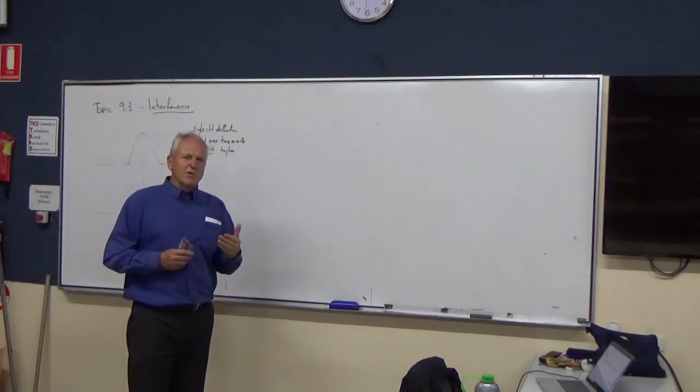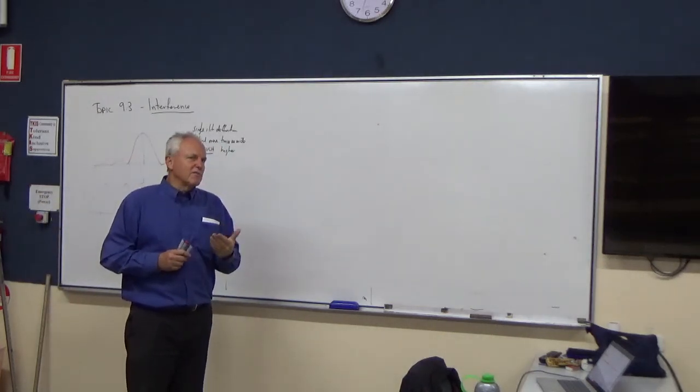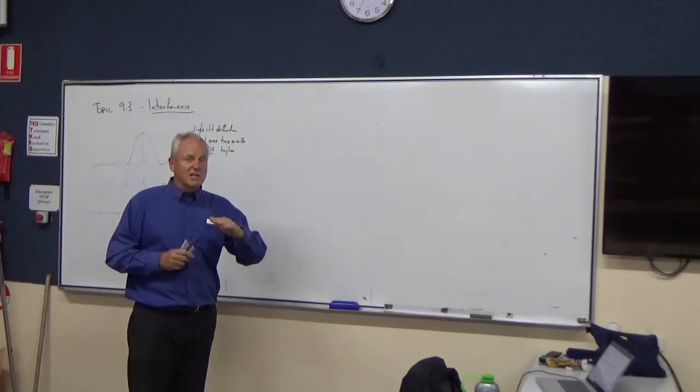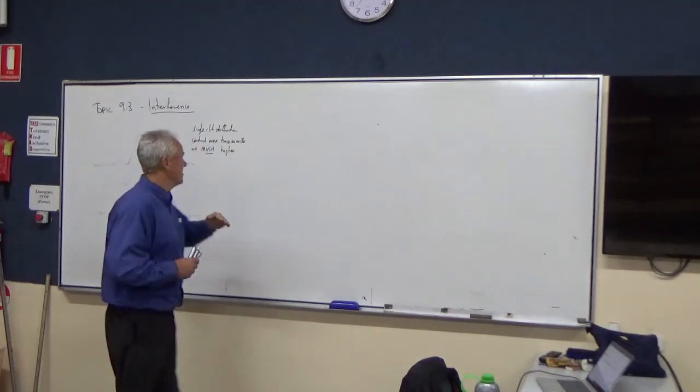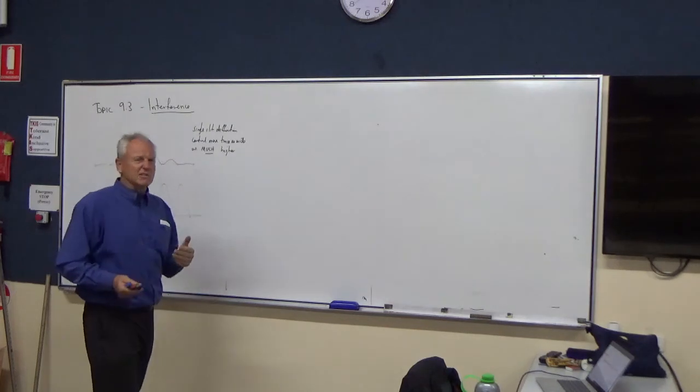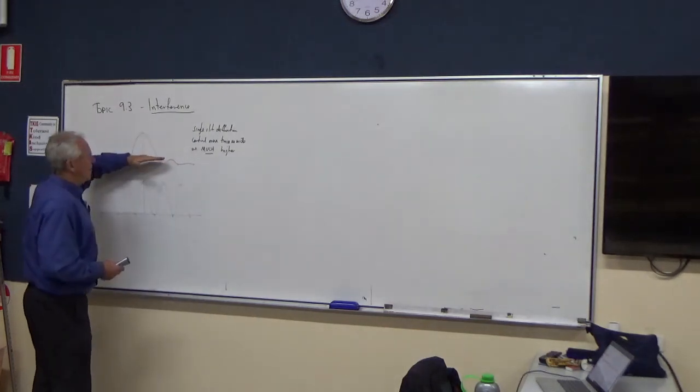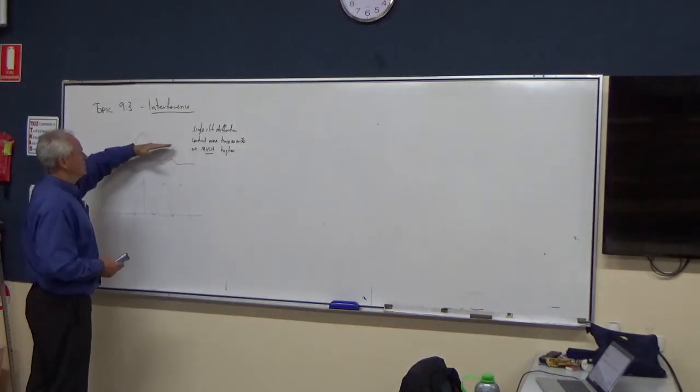In the mark scheme it often says, don't give the mark unless their maximum is, I can't remember, less than a fifth or something, but it's way, way less. Alright, so it's not up there, it's not just less, it's way, way less.